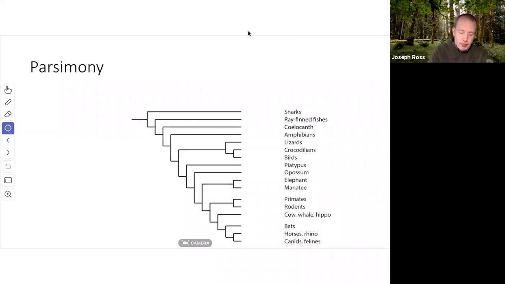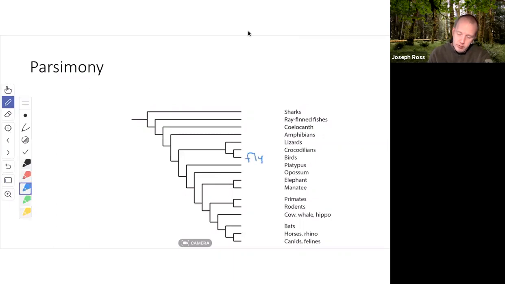For example, let's take a look at the evolution of flight. Which of these groups of organisms that are shown in this phylogenetic tree can fly? So we're going to ignore flying fishes. That's not really powered flight. We're going to ignore flying squirrels, which is really gliding. So we have birds. They fly.